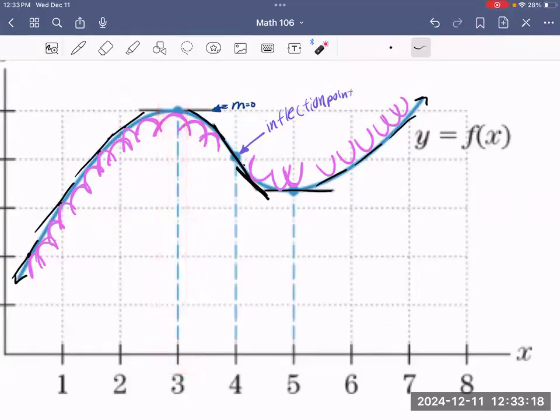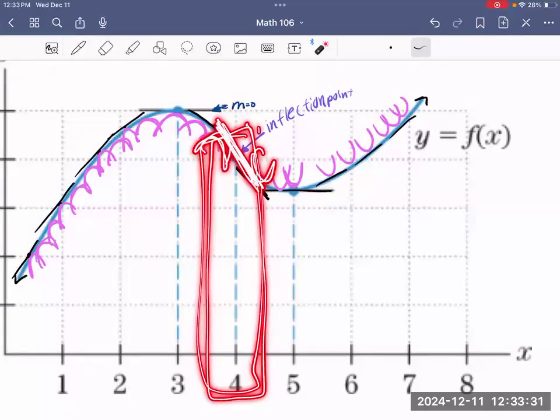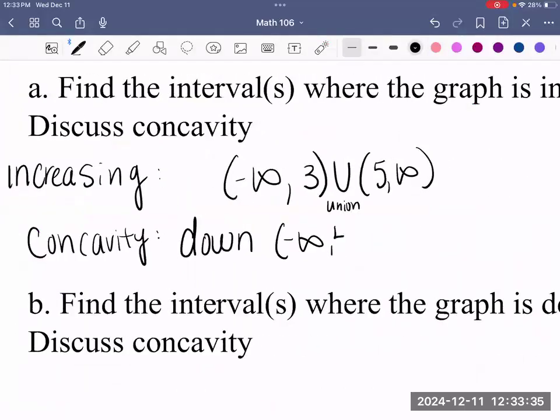But at what point did it switch its concavity? Well, it switched its concavity at 4, which means that it's neither concave up or down at this particular inflection point. So it was down until 4, and then it switches to up from 4 to infinity.